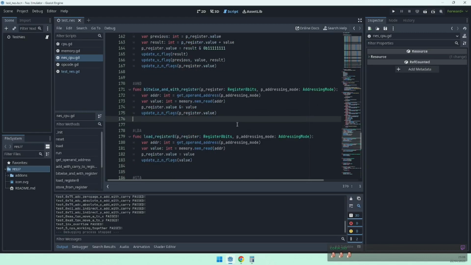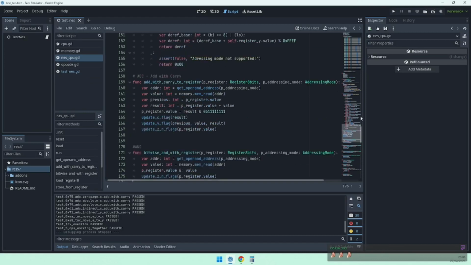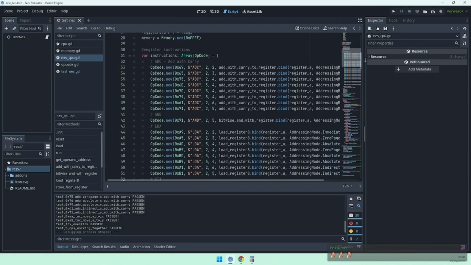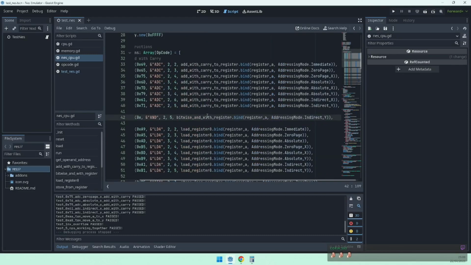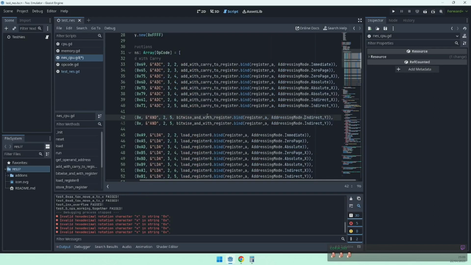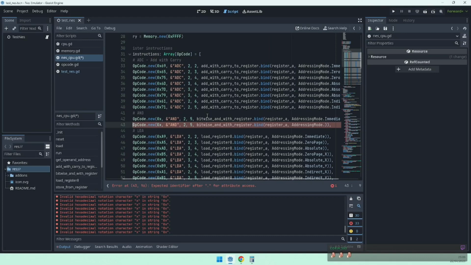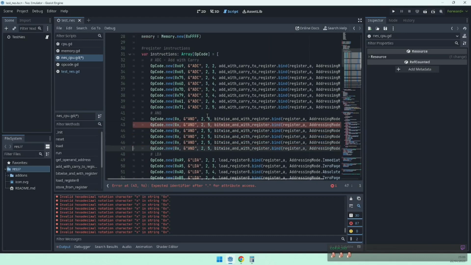So how do we test this? Okay, before testing, let's register it, right? So, and the first one is the immediate. And let's duplicate this a little.